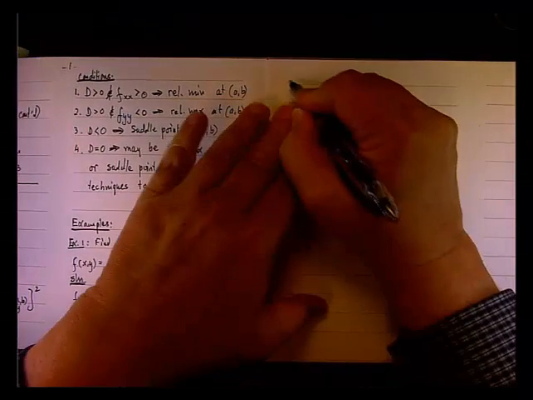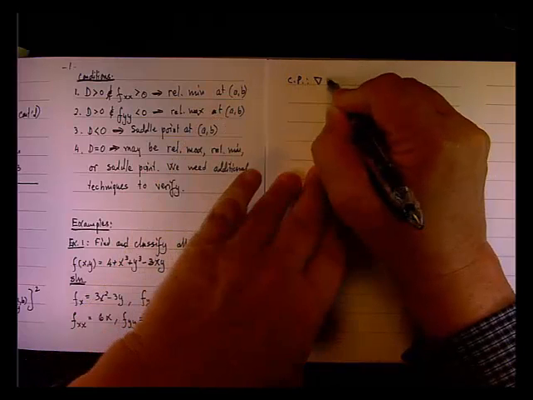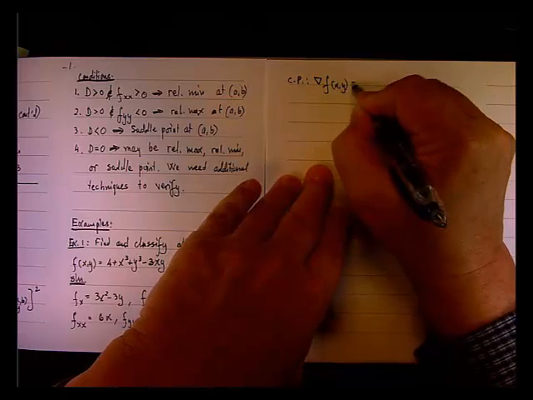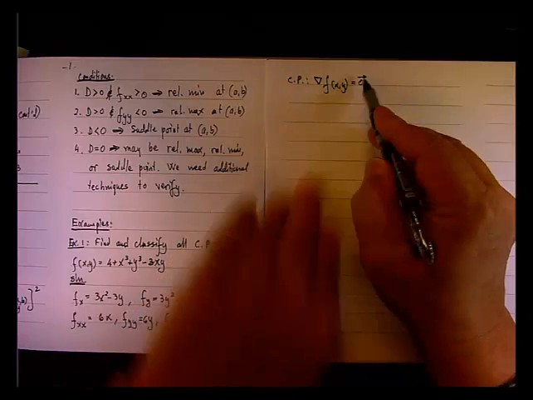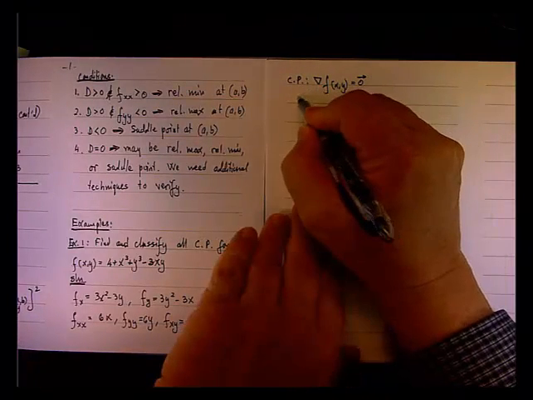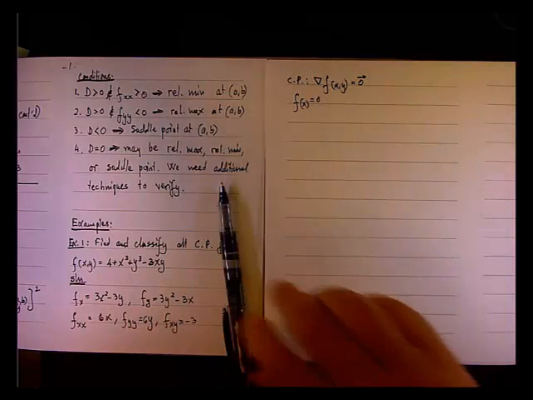So the first condition, the critical point, will be obtained by the gradient of f of xy equal 0, and this is a zero vector. Each component has to equal 0.